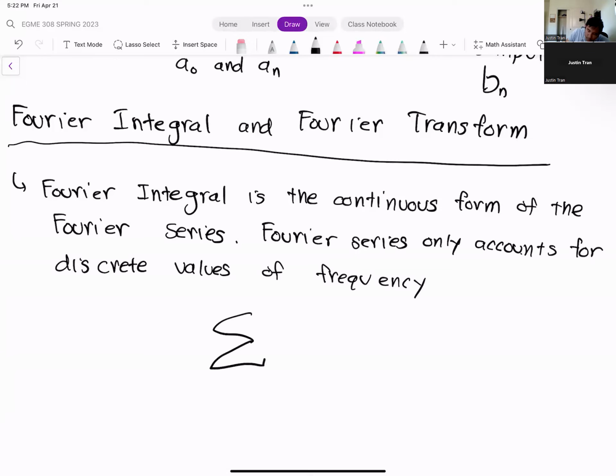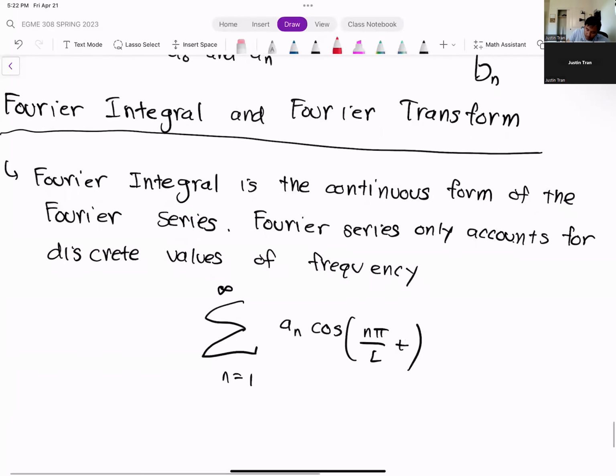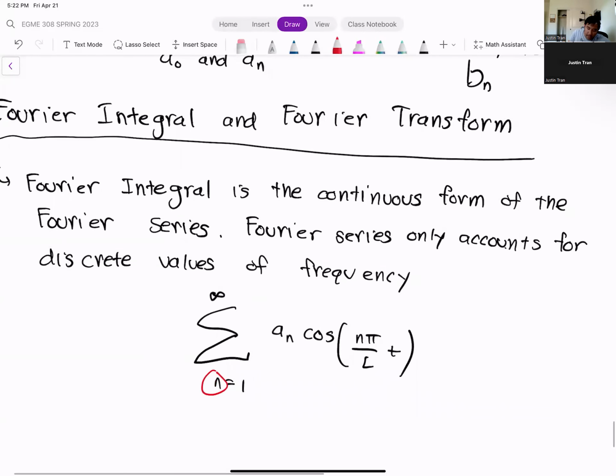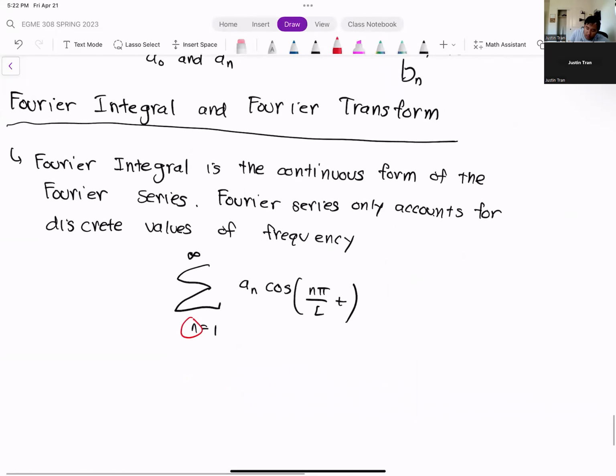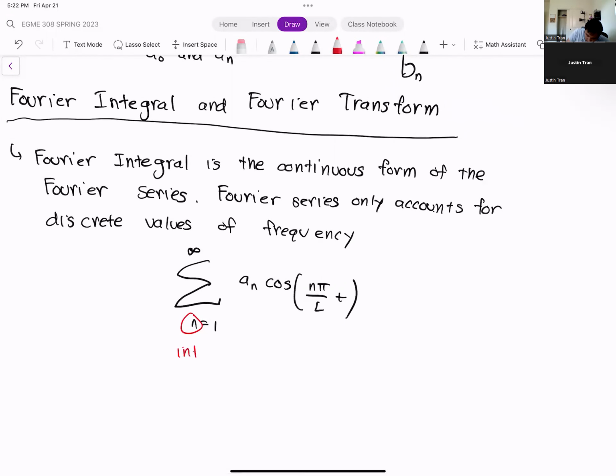For the Fourier series, we're summing from n equal to 1 to infinity of cosine of n pi over L t. Since n is an integer, it's going to count up from 1 to 2 to 3 and so on. That means this quantity right here is only going to hit discrete values of frequency.